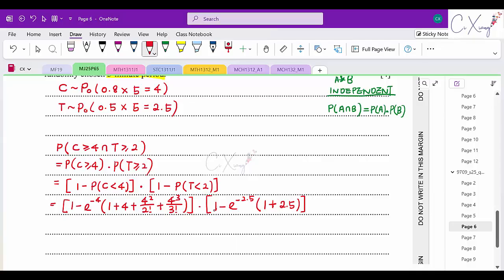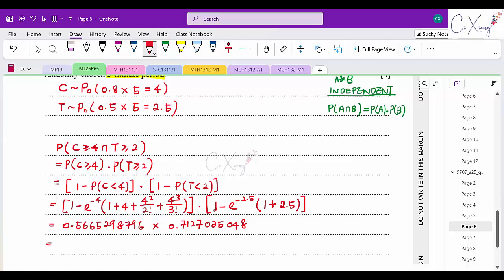Then you need to be a little bit more careful. Try to press the calculator and get the value. All right, so the two values that you get should be something like this. You double check and see. Then multiply these two values together.